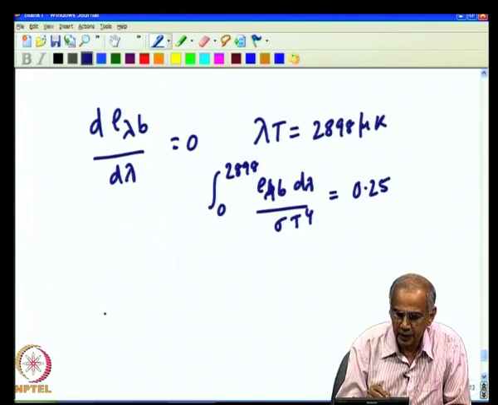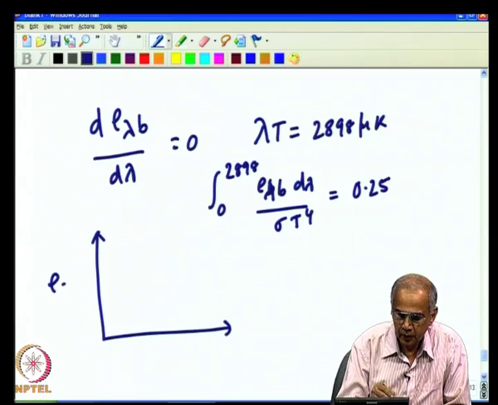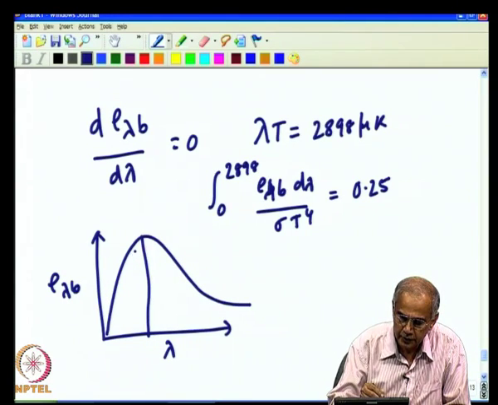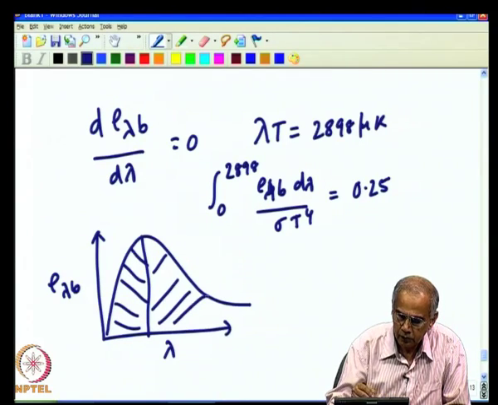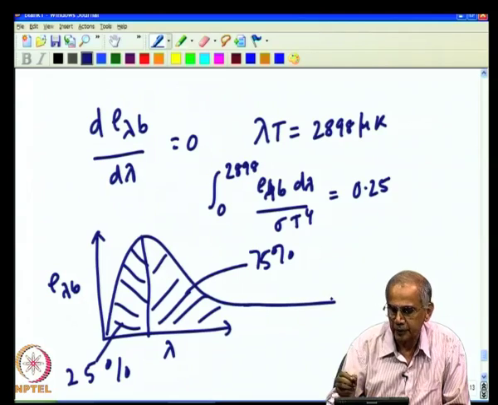So, what this means is that if you plot E lambda b with lambda, then 25% lies before the maxima and 75% lies above the maxima.